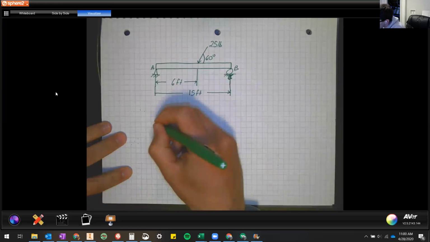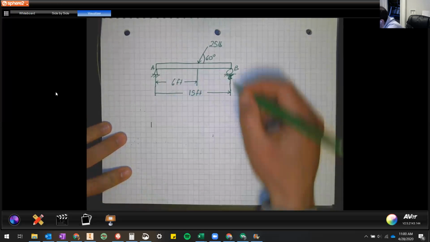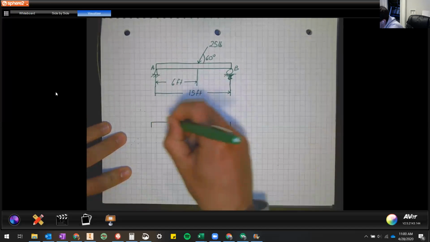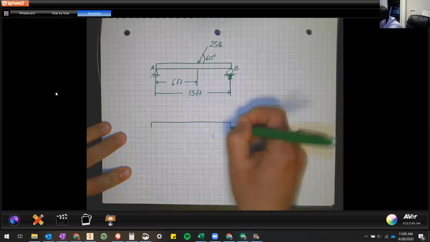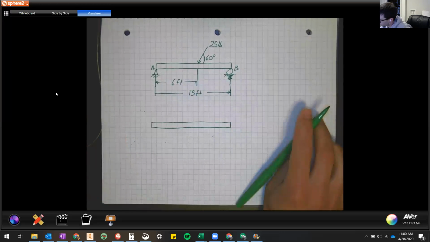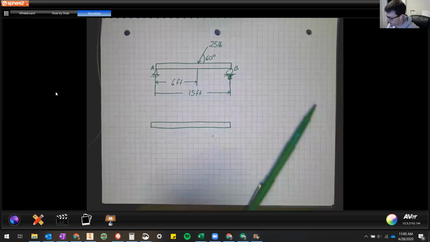So let me draw my free body diagram down below. I'll start by drawing the same beam. And I don't always do my free body diagrams like this, but what I'm going to do today is break down all of the forces.